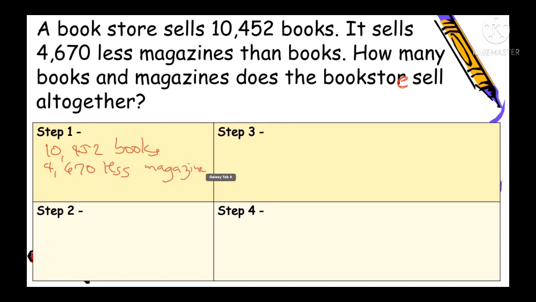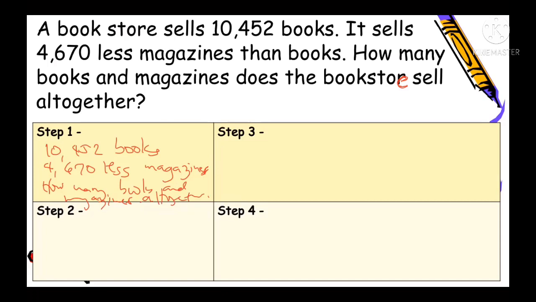Those are magazines, less. And then the question is, how many books and magazines all together? So those are the given and the question.